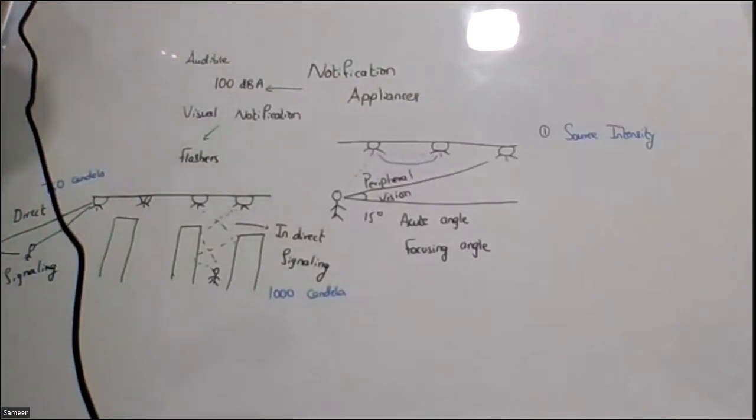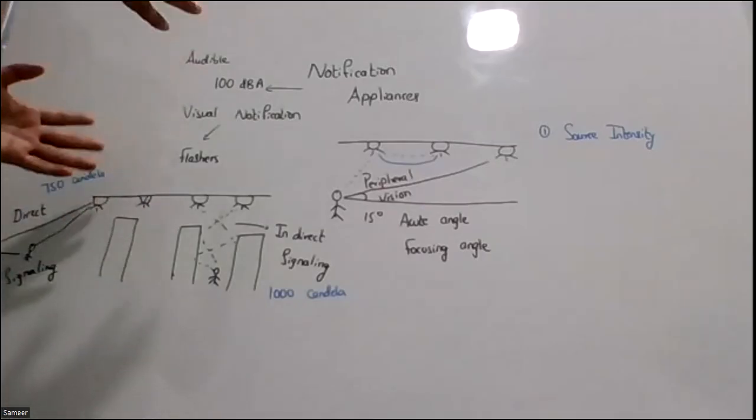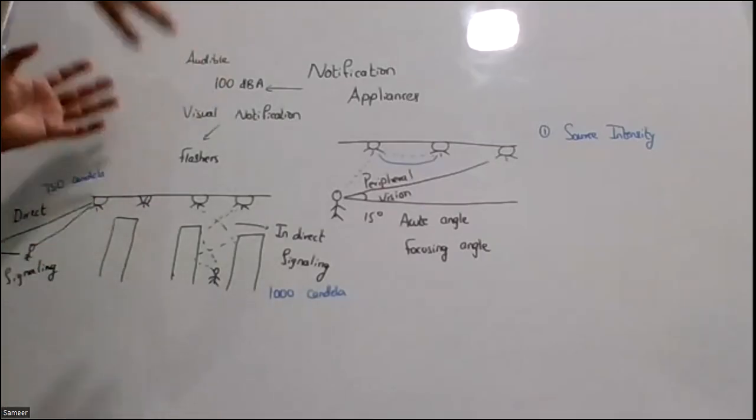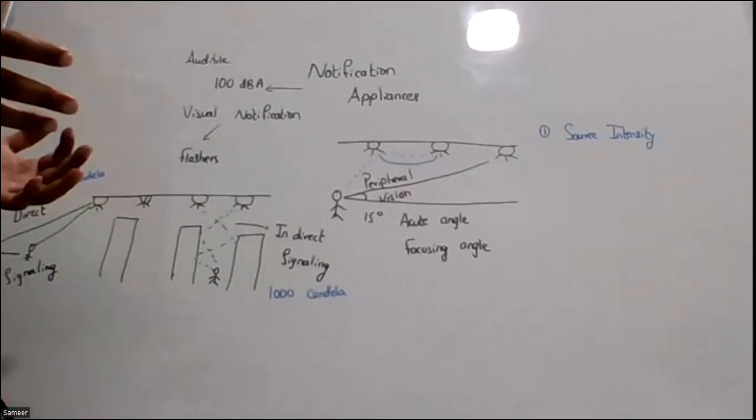The intensity of the source is kept up to a point where a designer or a professional has to understand whether the occupancy is focusing on the acute angle or on peripheral vision. Whenever we have large shelves, storage areas, rack areas, where too much obstruction is possible, the acute angle possibility is not there.